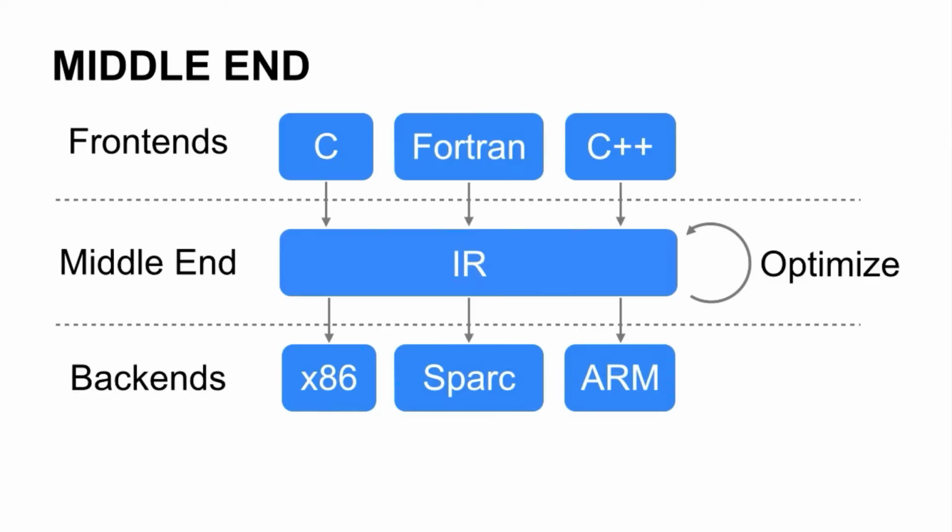And this is what compiler writers paradoxically refer to as the middle end. I'm not quite sure how something can be in the middle and be in the end, but it makes it sound important, so that's what compiler writers call it. And this is actually where we're going to spend most of our time throughout the series.